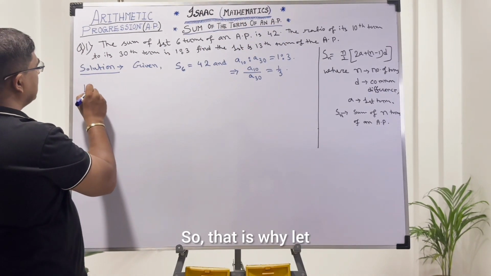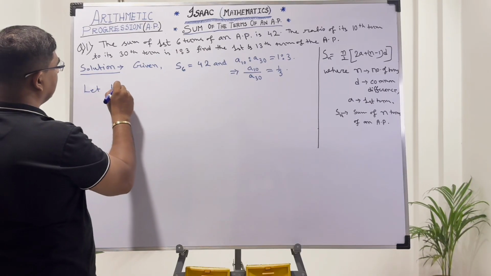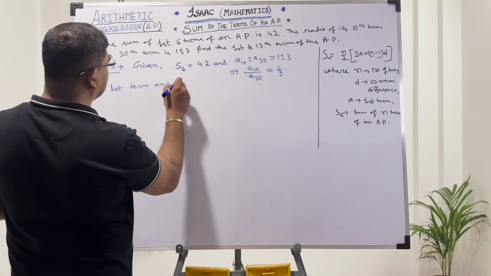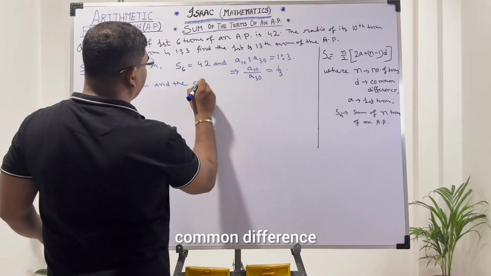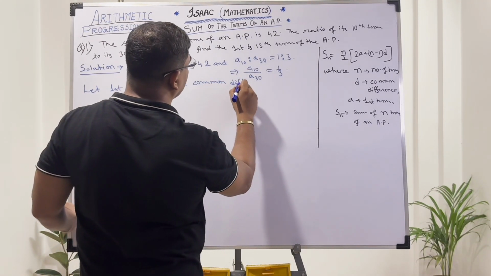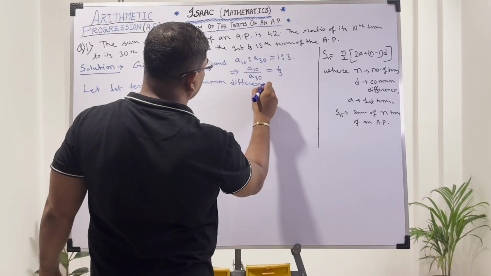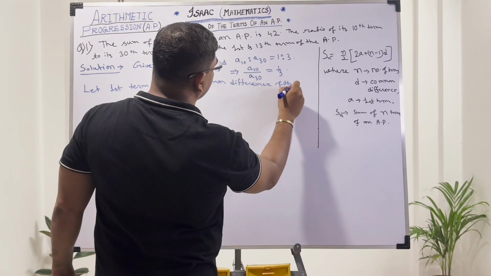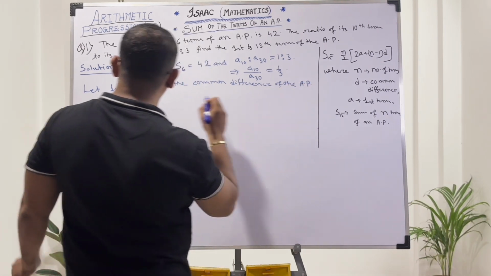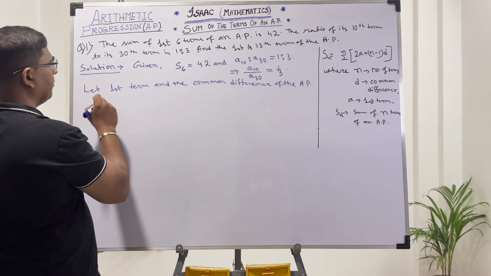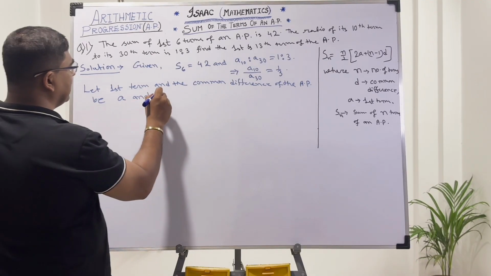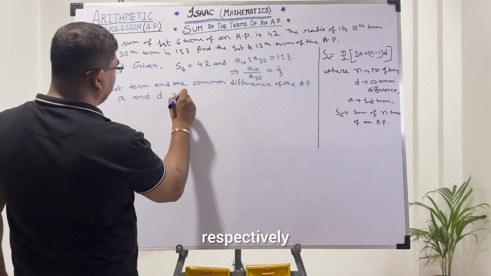So, let the first term and the common difference of the AP be A and D respectively.